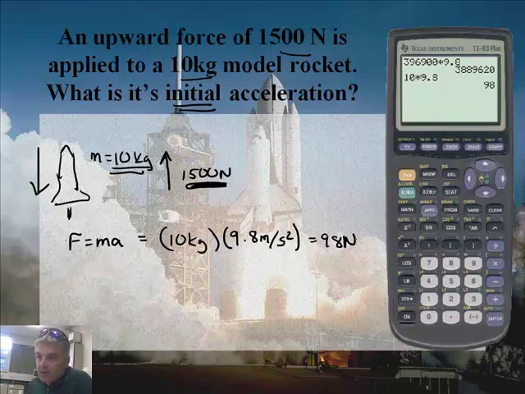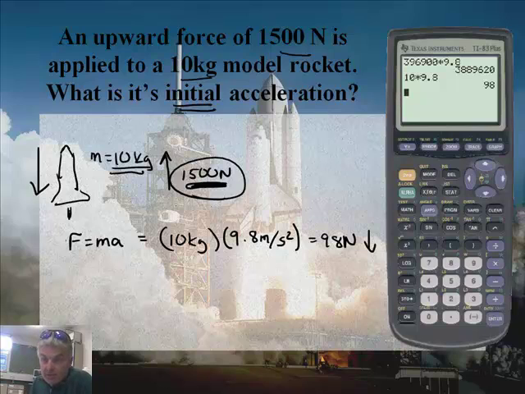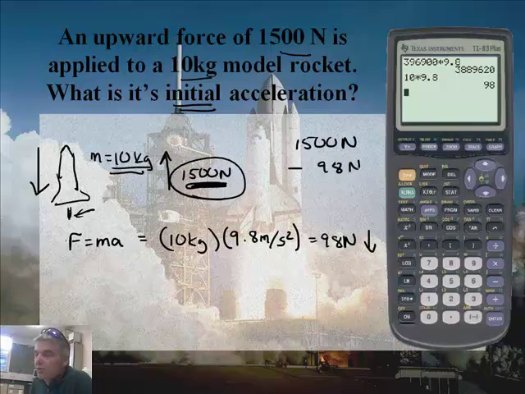This is the downward force. Well, we have an upward force of 1,500, so there must be a good engine in this rocket. You'd take 1,500 newtons minus 98 newtons, and that will be the net force that will get this rocket going.